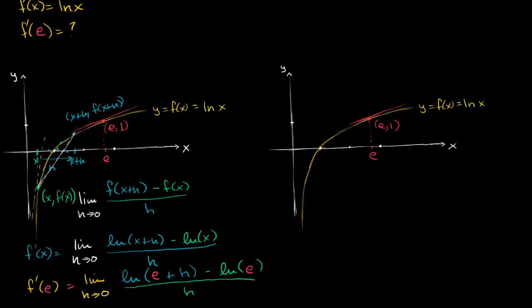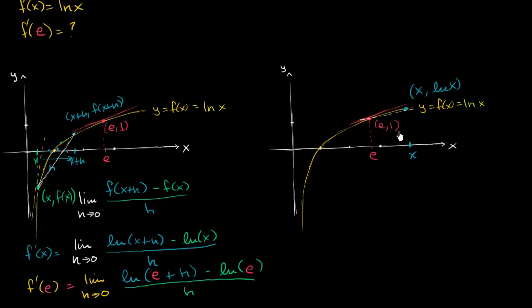So what they say is, let's imagine some other x value here. This right over here is the point x comma f of x, or we could even say the natural log of x. What is the slope of the secant line between those 2 points?